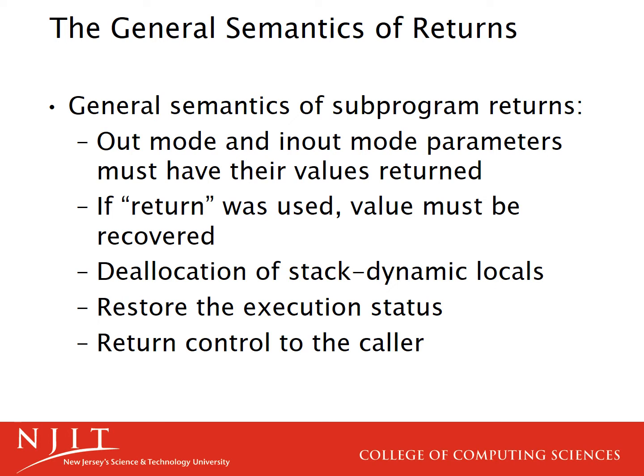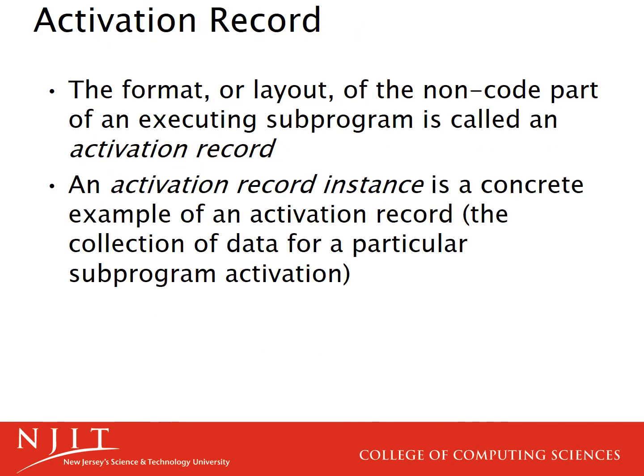I remembered where I was when I called the function, and now I have to restore that status so I can pick up where I left off. All that stuff is implemented in something called the subprogram linkage, and the mechanism is known as the activation record.